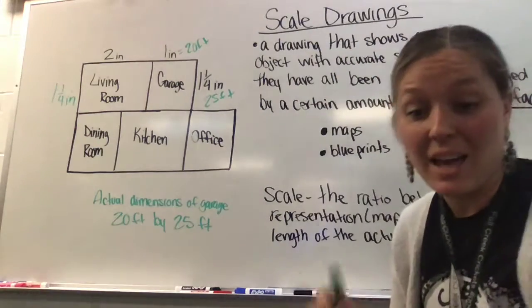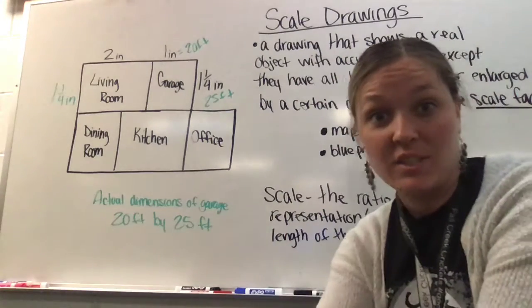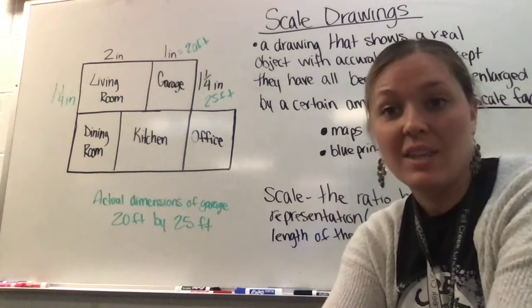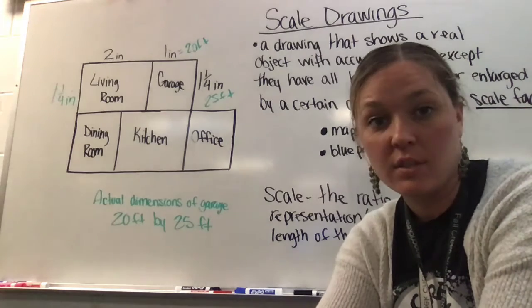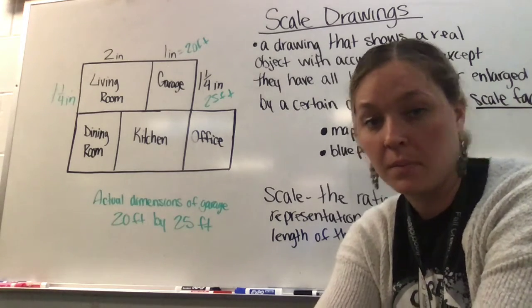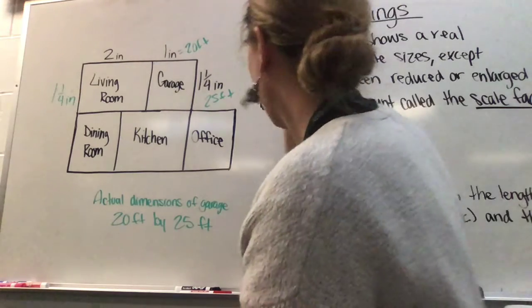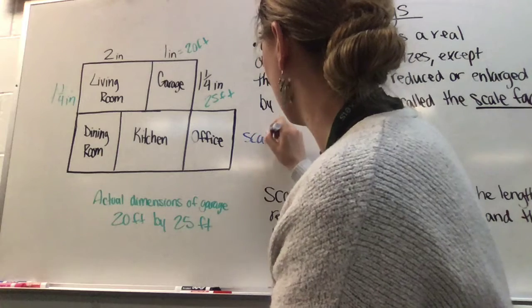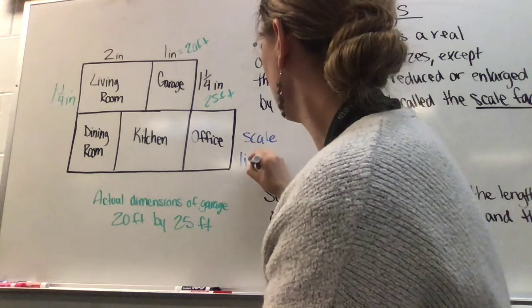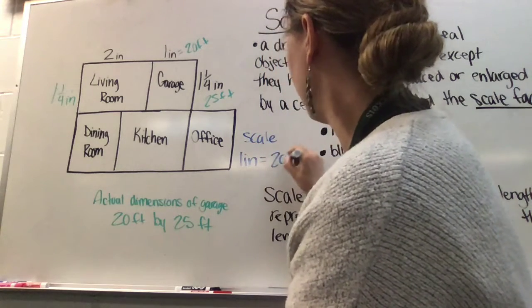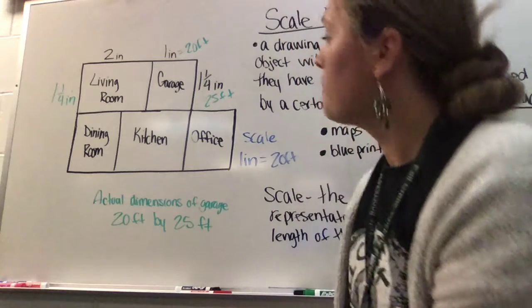Now, based on what we just did, what is going to be the actual dimensions of the living room? Well, if this is our scale here, and maybe let's write it here, scale 1 inch on the scale drawing equals 20 feet in real life.